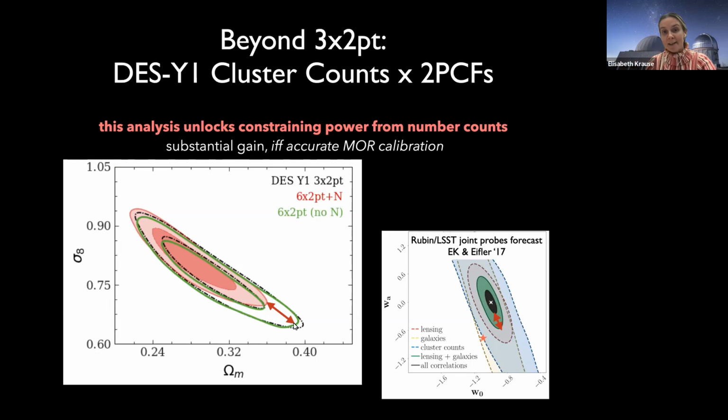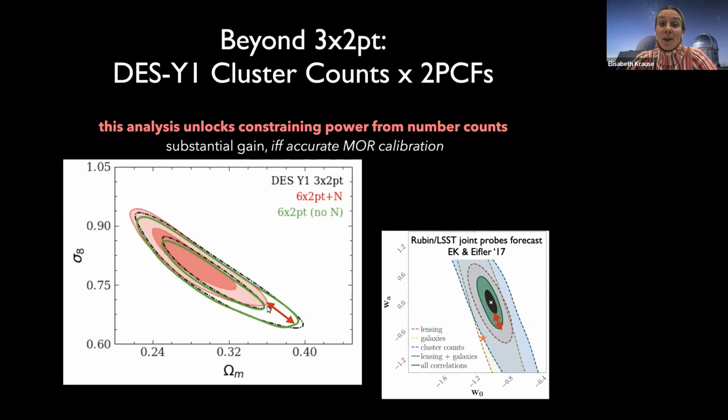So the information gain clearly is not in these large-scale 2-point statistics by themselves. Rather, the impressive gain comes if we then also add cluster number counts. Those are the red contours. So that is the potential gain from the qualitatively different cosmological information in the cluster mass function.